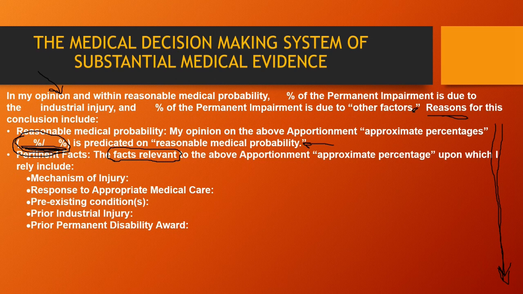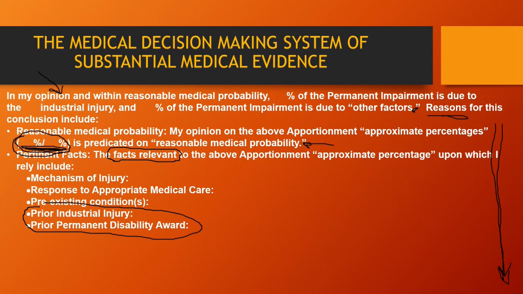These are some things that would require apportionment under Labor Code 4664, for example. If the examinee has a prior permanent disability award, you're going to want to have some facts about that injury and about the treatment related to that injury and how the case resolved and what was the condition of that body part even after the case resolved but prior to the industrial injury that you're evaluating.